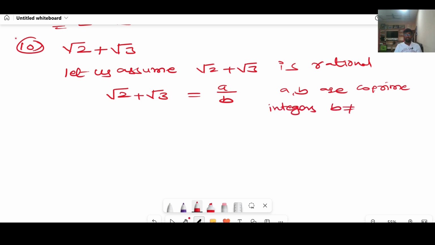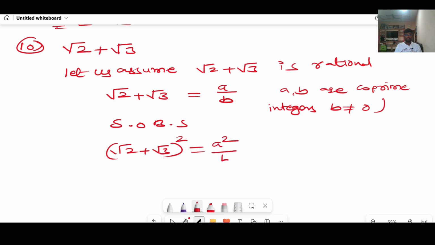B should not be equal to 0, even though a is also not equal to 0, but we will not mention that one. Next, we will do squaring on both sides. Squaring on both sides, we get root 2 plus root 3 whole square, that gives us a square by b square.